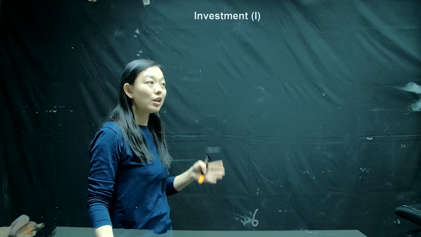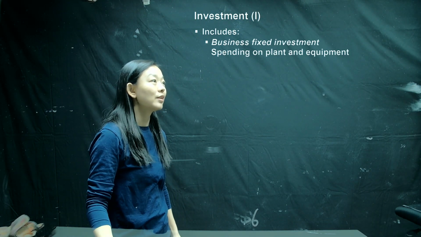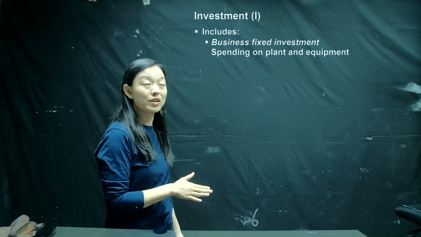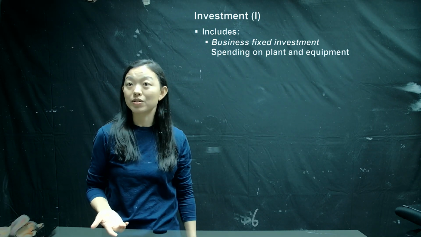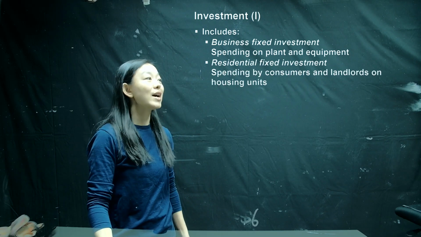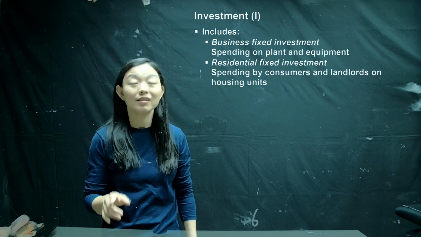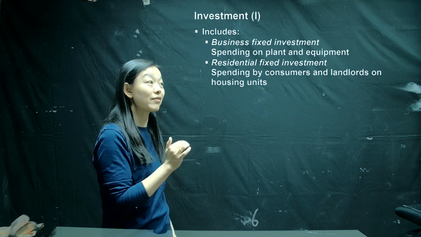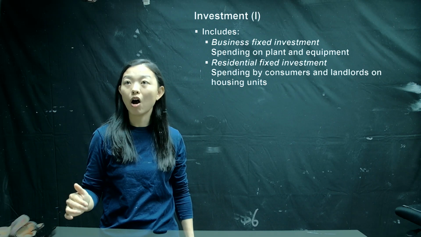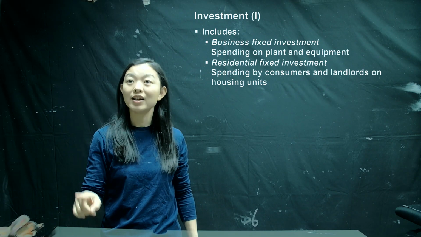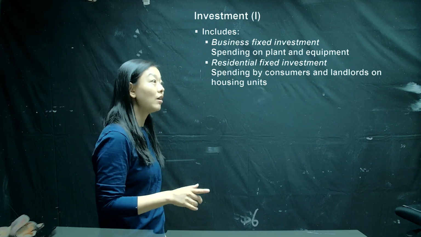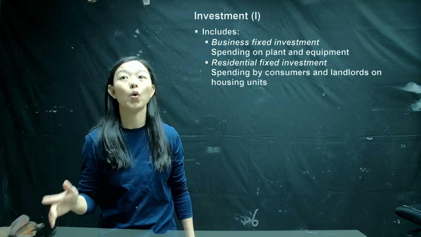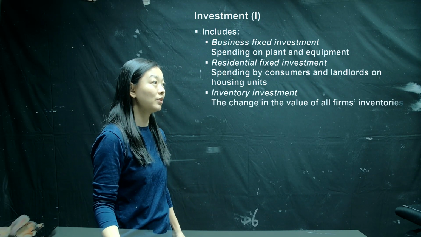In GDP, investment includes three components: business fixed investment, spending money on plants or equipment; and residential fixed investment, which is spending on a new house or new apartments.